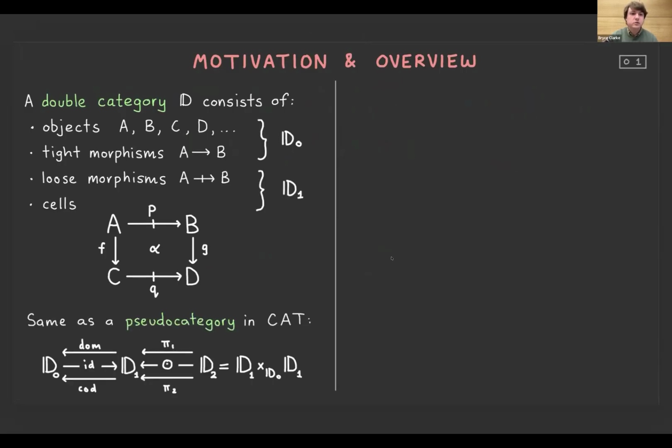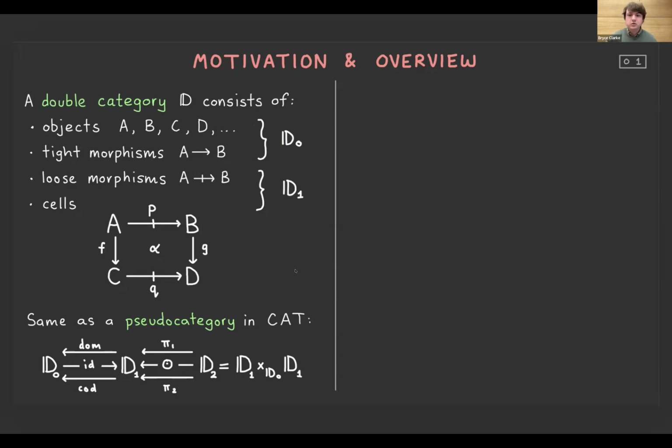A double category can also be seen as some kind of pseudo category object in the 2-category Cat. So we have a diagram like this in Cat, and we can understand this as having a category D0, which is the objects and type morphisms of our double category, and a category D1, which is the loose morphisms and the cells of our double category, and some other stuff that isn't really important right now.